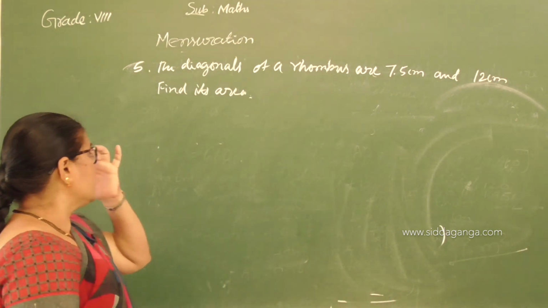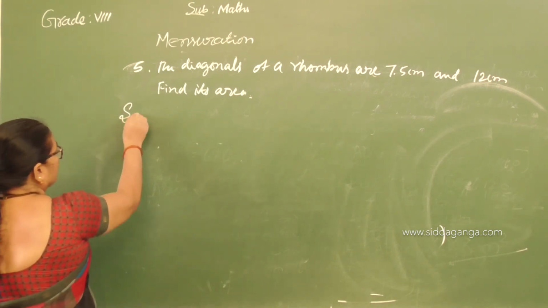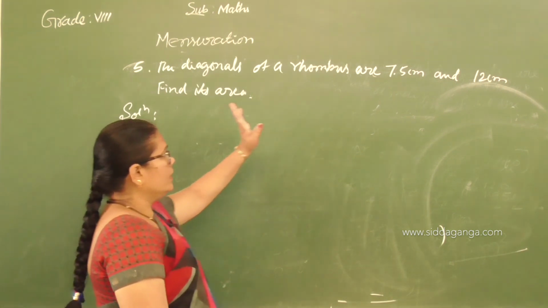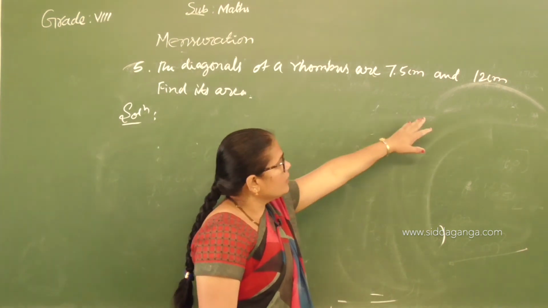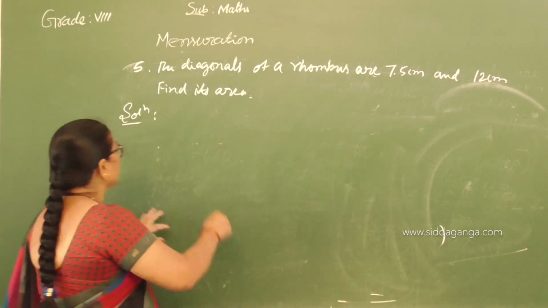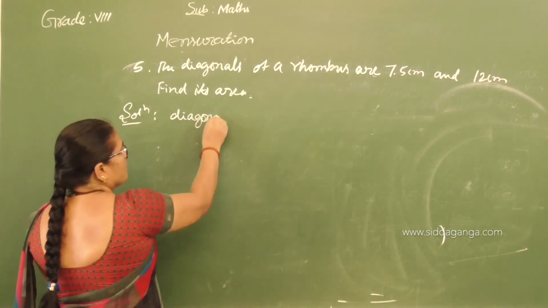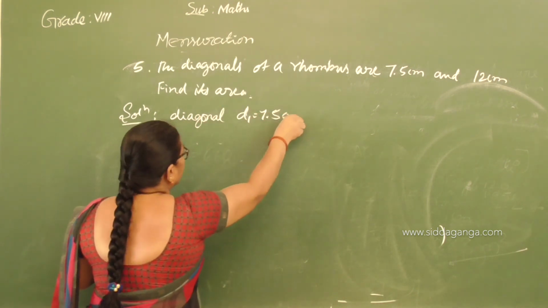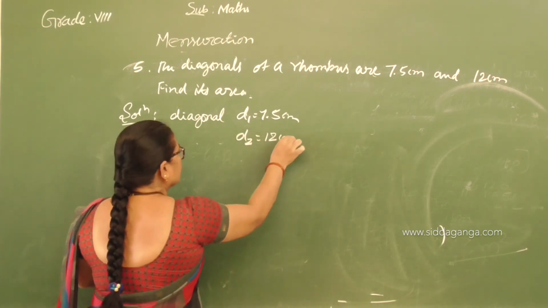What is the area of the rhombus? Area of a rhombus is equal to half into D1 into D2. Solution. Here diagonals are given. One diagonal D1 is equal to 7.5 centimeter, another diagonal D2 is equal to 12 centimeter.